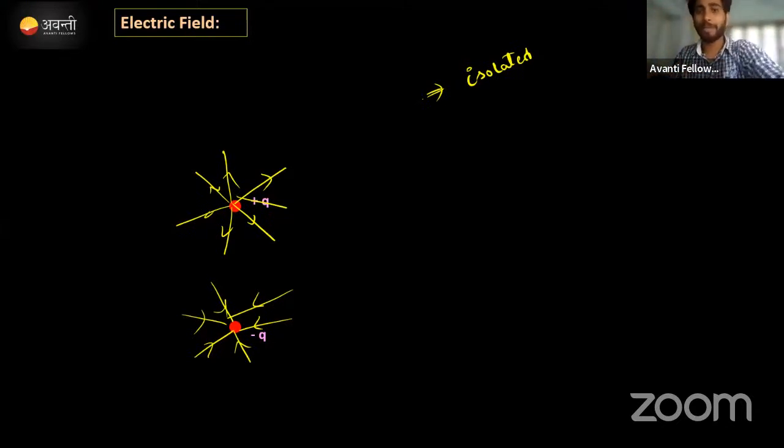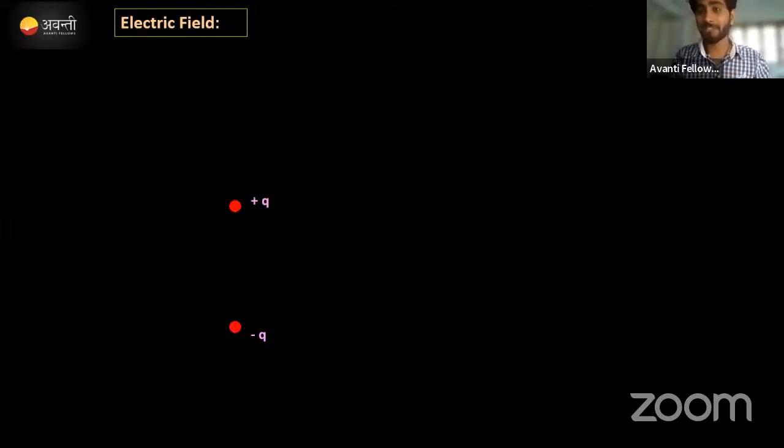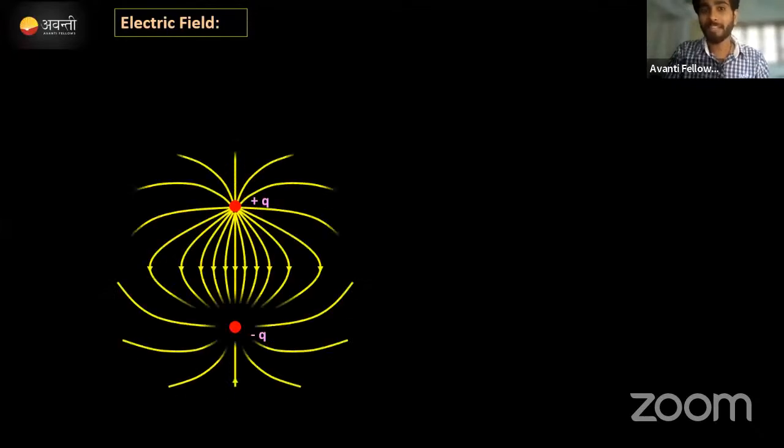Suppose this minus q charge is not there, then the field lines generated here will go up to infinity. If in the presence of this positive charge there is a negative charge, what will happen? Look here, the electric field lines will be joined like this. From where to where?